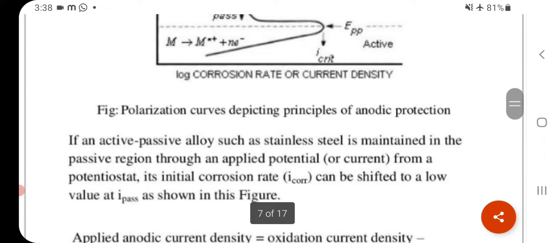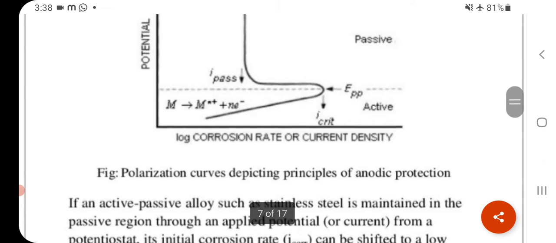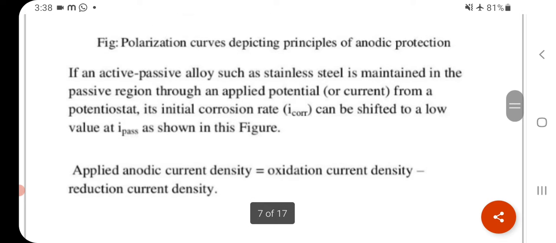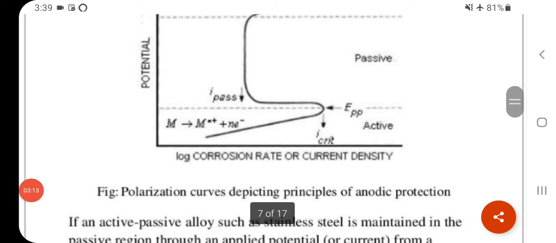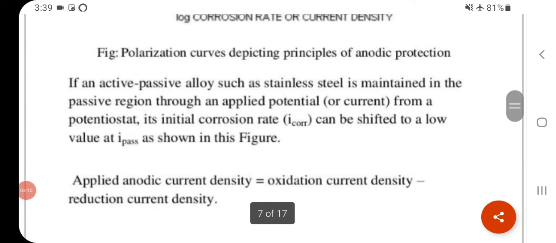Polarization curves depicting the principles of anodic protection. If an active-passive alloy such as stainless steel is maintained in the passive region through an applied potential from a potentiostat, its initial corrosion rate can be shifted to a low value, as shown in this figure.